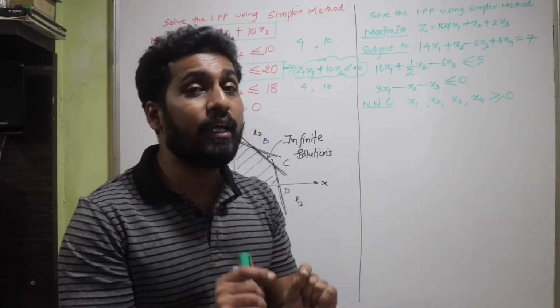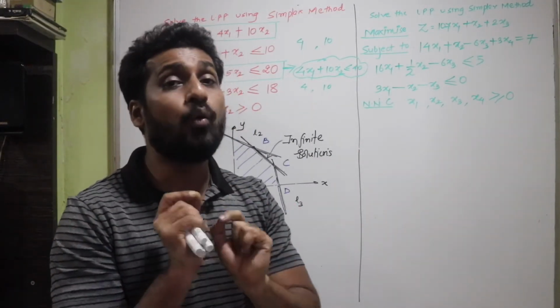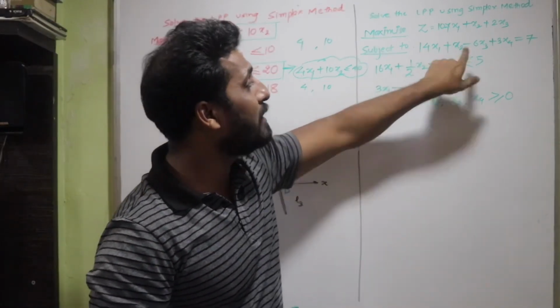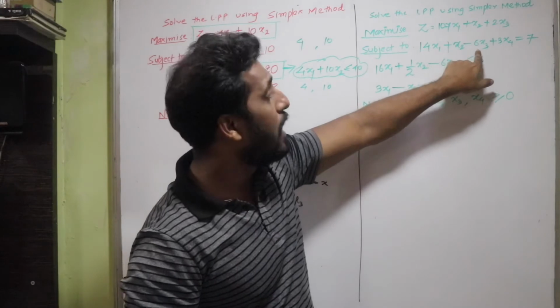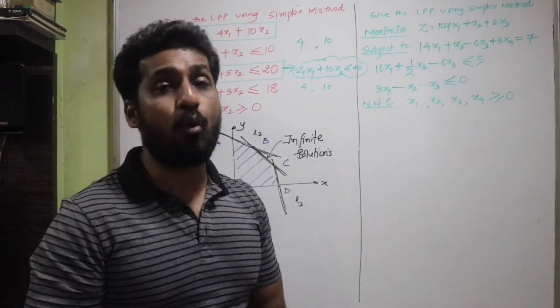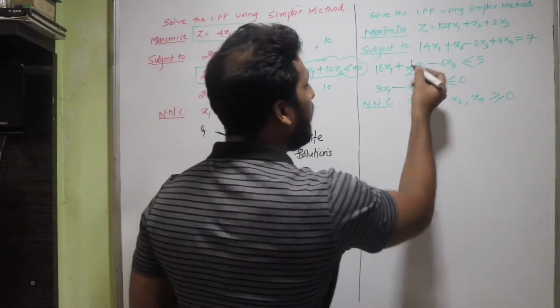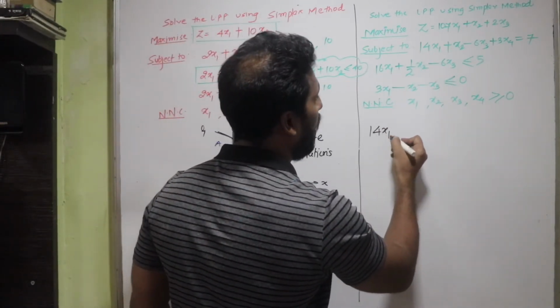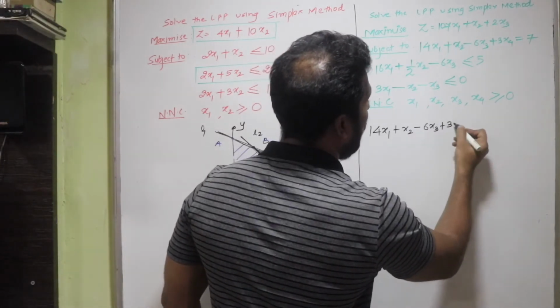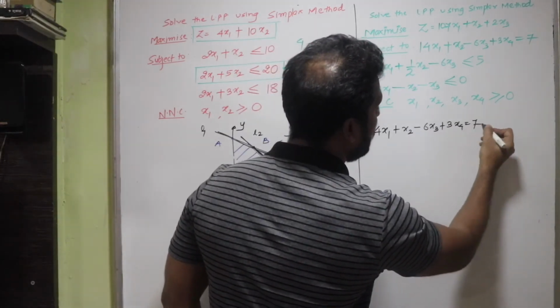It is nothing but your slack variable. Your actual question was 14x1 plus x2 minus 6x3 less than or equal to 7. Now you have to take one very important care over here. I am going to write this equation 14x1 plus x2 minus 6x3 plus 3x4 is equal to 7.